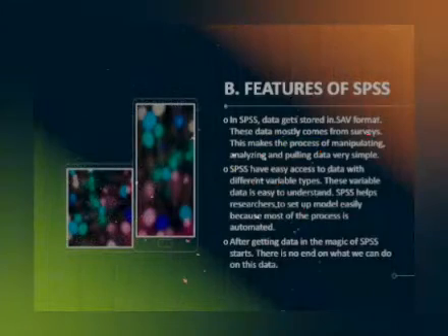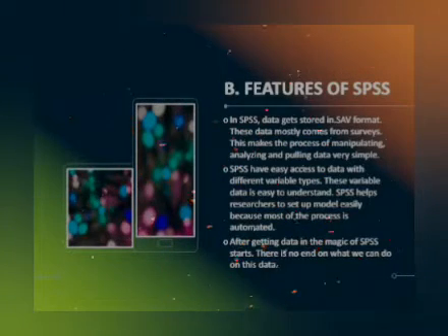Features of SPSS. .sav is the format in which data gets stored in SPSS. This data mostly comes from surveys, and it is very simple to manipulate, analyze, and pull data. SPSS has easy access to data with different variable types.